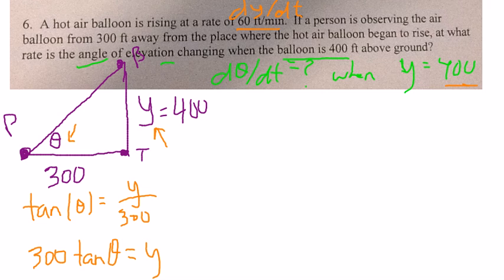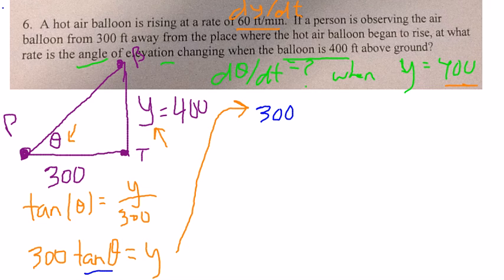So from here, I'm going to bring my work over to this side. I want to derive with respect to t. So maybe I'll change colors since now I'm going into the next step. Each of these colors represents a step in the whole process that we've talked about quite a bit in class. So when I derive that, remember I'm doing it with respect to t. I get 300, it stays there.